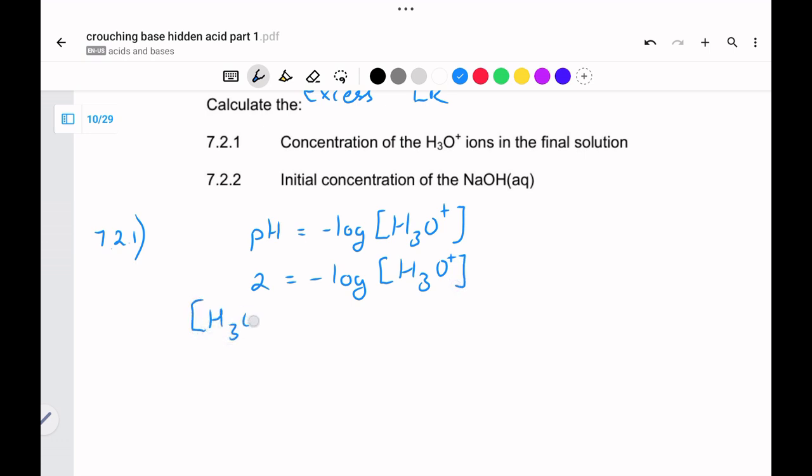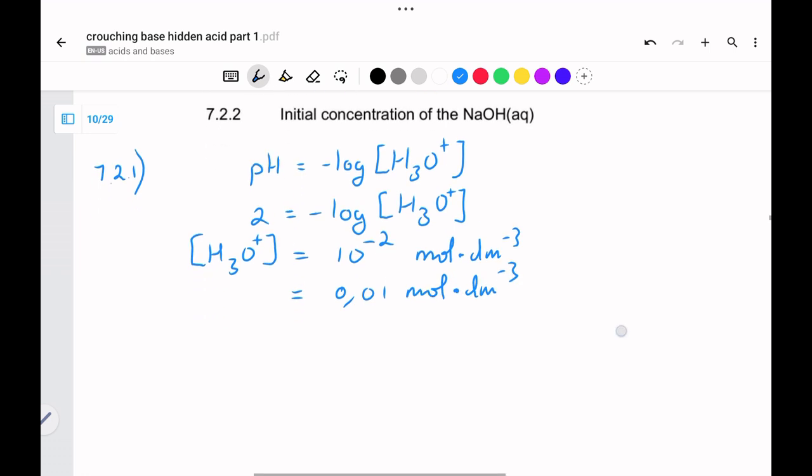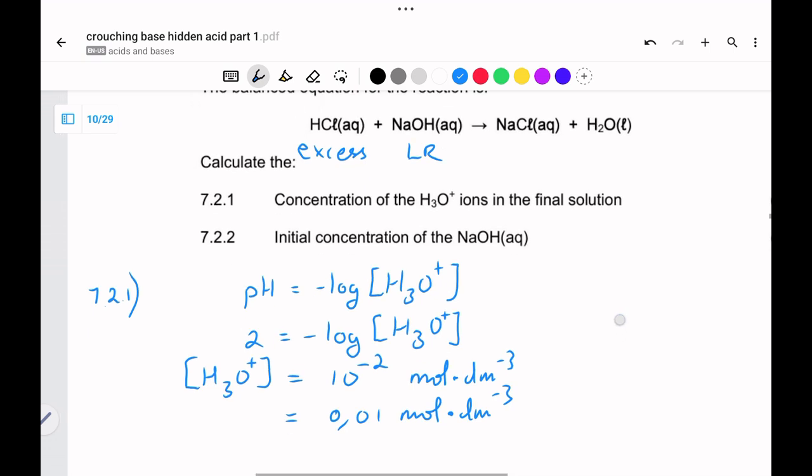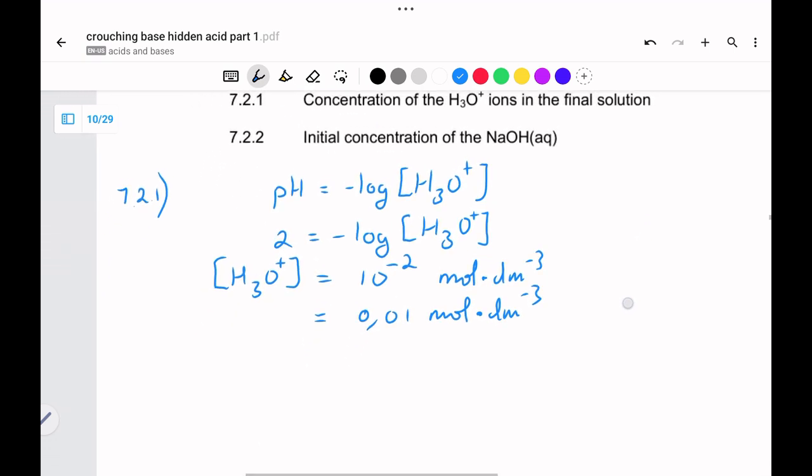So this concentration is equal to 10 to the power of the negative pH moles per cubic decimeter. That is just 0.01. Let's just write it like that. Okay, done. Now 7.2.2, the initial concentration of the sodium hydroxide.